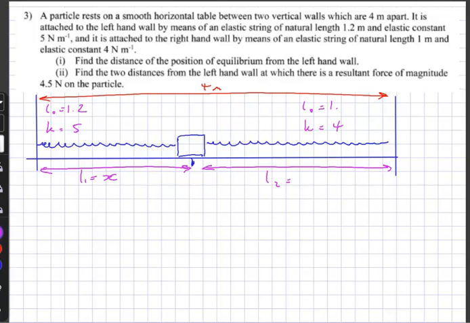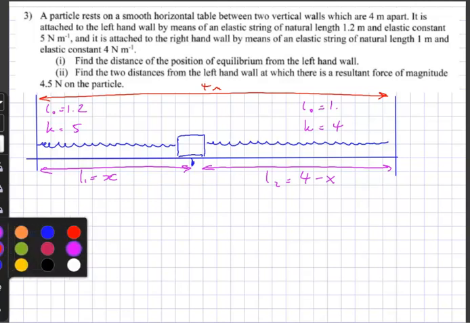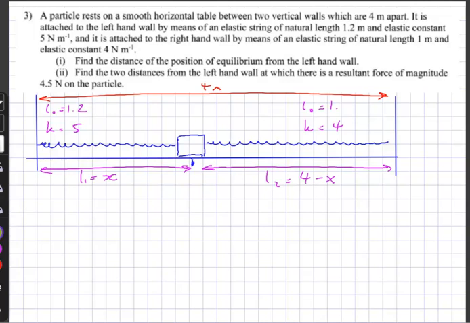We know the whole total distance is 4, so we can just say 4 minus X is the distance of L2. There are forces acting upon the object as a result of the strings. There's a force acting to the right, and there's a force acting to the left, F1 and F2.